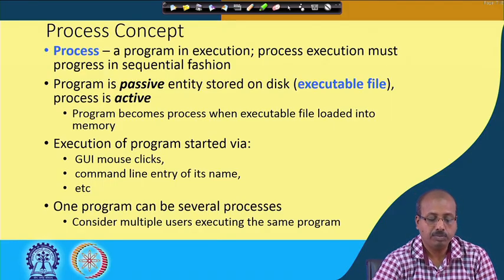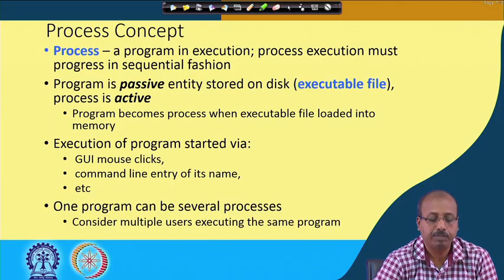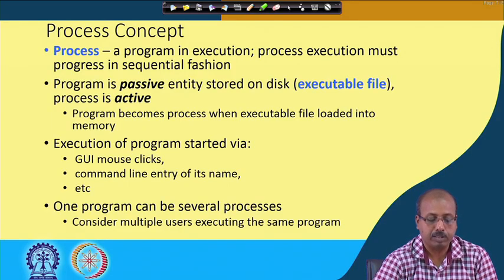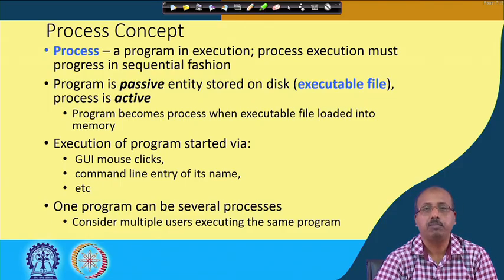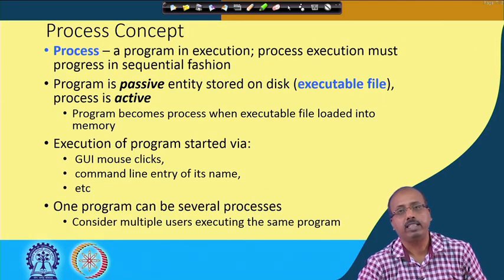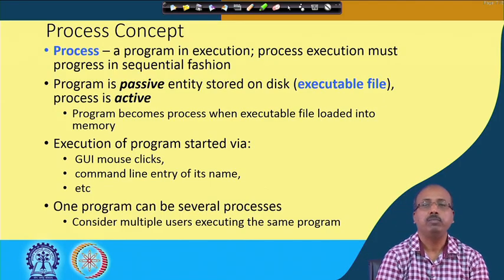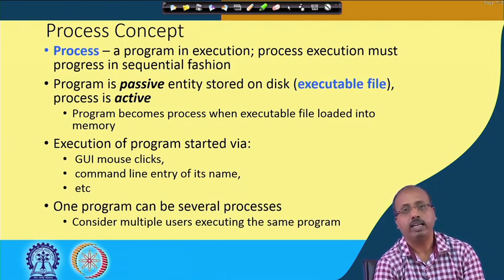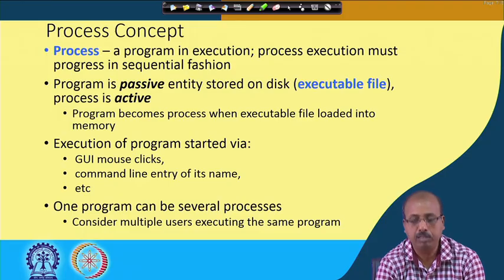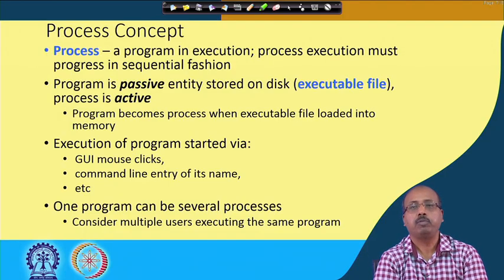So, execution may start via different means, and one program can be of several processes. We have got multiple users executing the same program. For example, there may be multiple people doing the editing job. Each student in a laboratory class may be writing their own programs, all of them connected to a server, and they are all using the editor software of the server. As a result, multiple users are executing the same editor program.